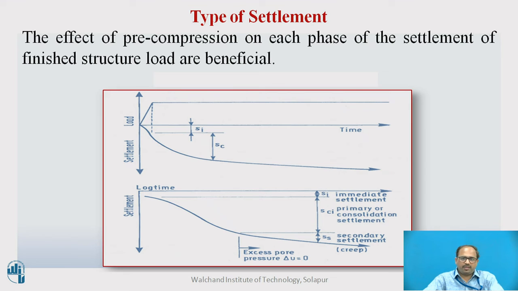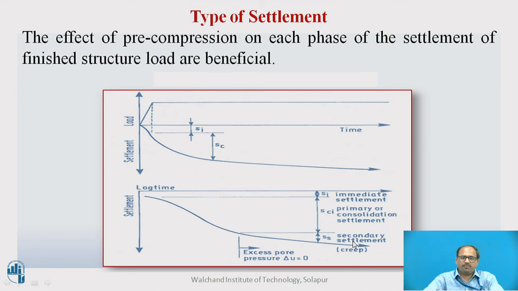What do you mean by primary consolidation settlement? Water is expelled out from the entire soil mass. Then the third step is secondary settlement. If after the primary consolidation some water content is still present in the soil mass, at that time secondary settlement occurs.